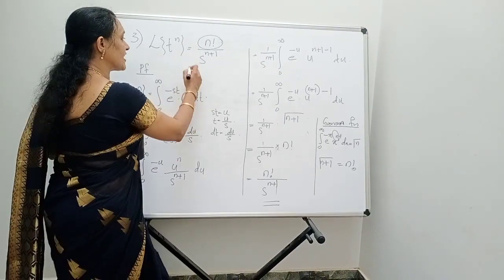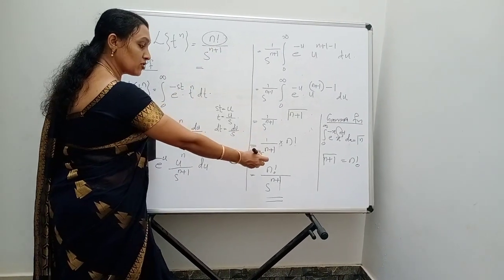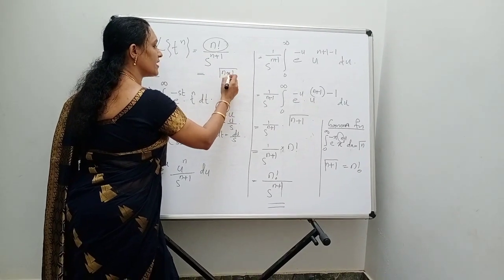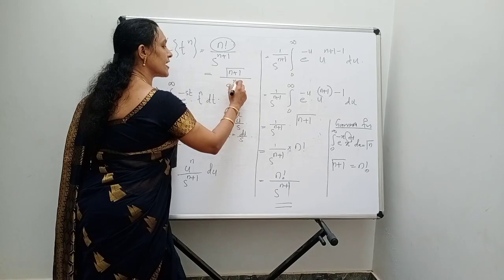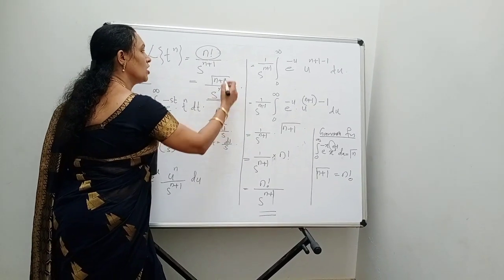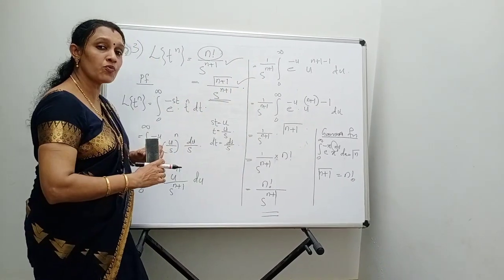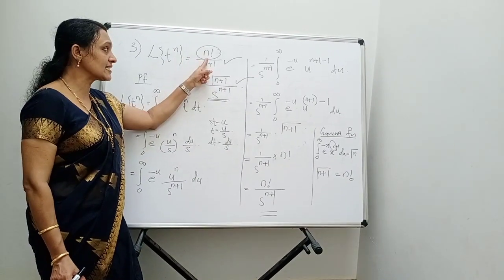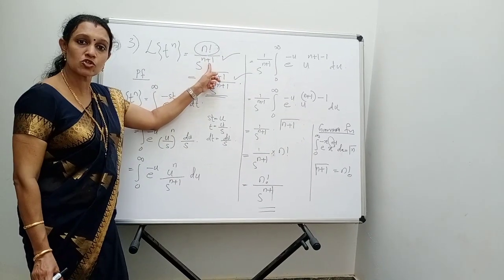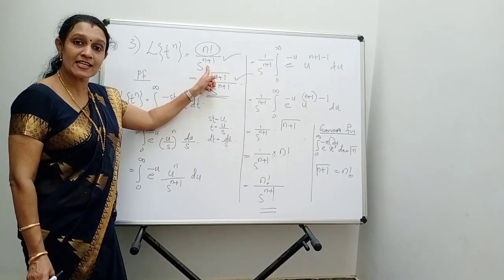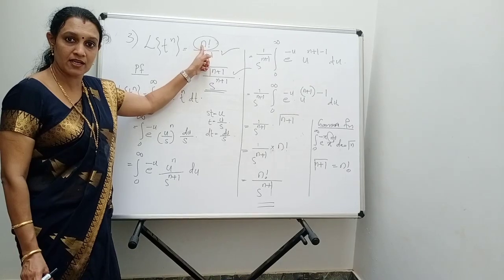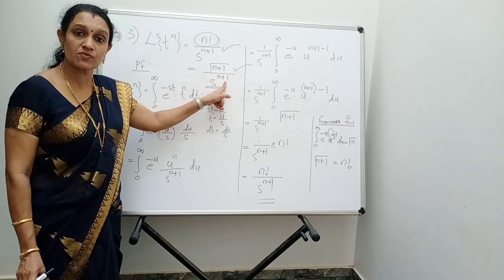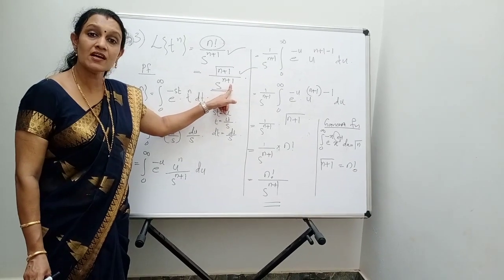Then L of t raised to n, you can write using the gamma symbol, as gamma n plus 1 divided by s raised to n plus 1. So in two ways you can express L of t raised to n. One is n factorial by s raised to n plus 1, applicable when n is a natural number. The other is gamma n plus 1 by s raised to n plus 1 for any positive number.